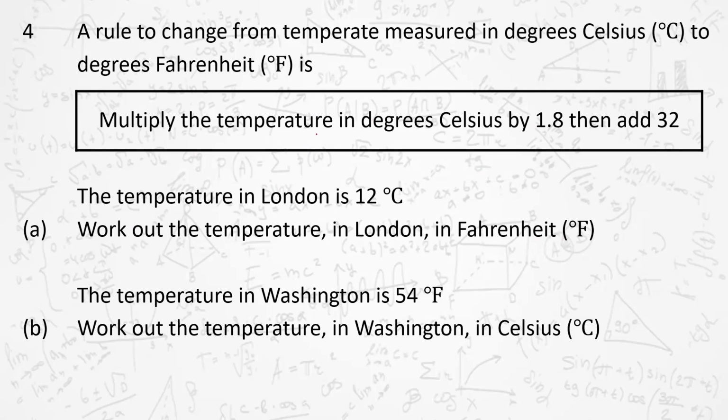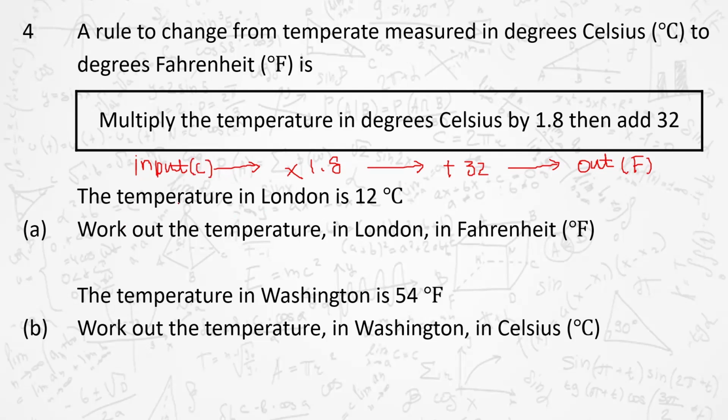So if I have an input temperature, the first step will be times that number by 1.8 and then add 32. That will give me my output. So that will be my Fahrenheit. My input was Celsius.